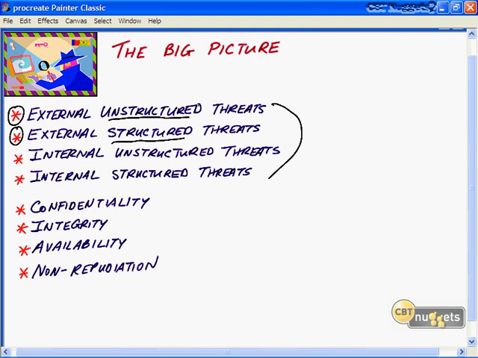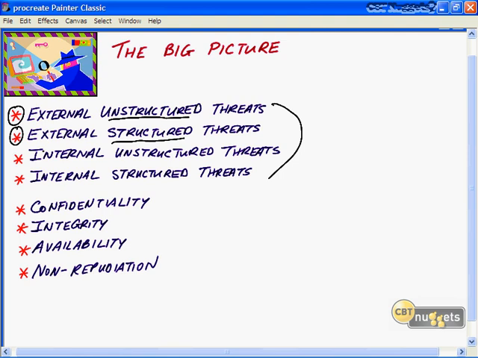They weren't really planned or premeditated. Structured threats, however, are structured attacks, people trying to get into our network using IP spoofing techniques, denial of service attacks on our servers, doing reconnaissance attacks to find out information so they can do further attacks on our networks. These are planned malicious attacks. So we need to be aware of the 2 different types of external attacks.